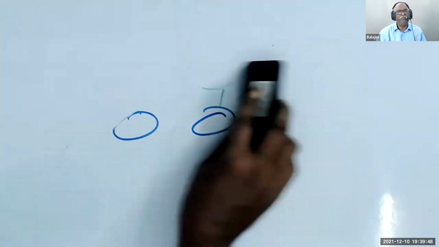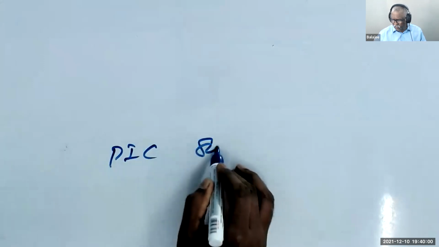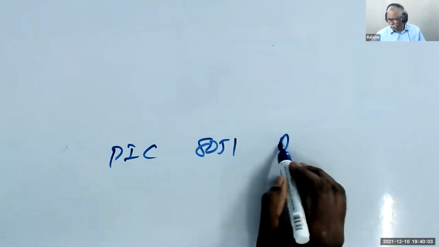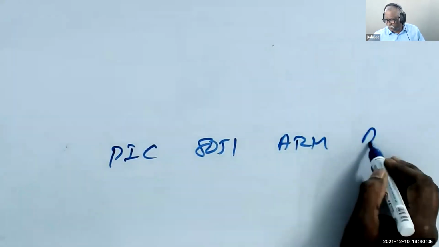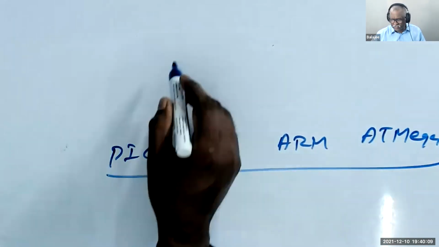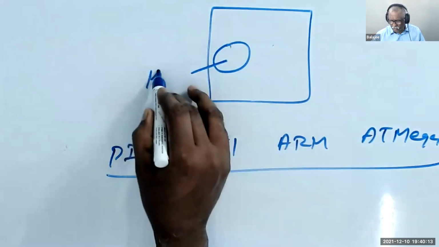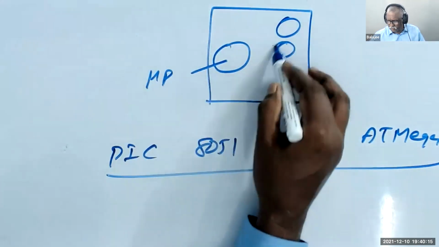The second most important thing is, it is not about PIC. This is another confusion people have. PIC, 8051, ARM, Atmega: they have two things within the chip, a processor and controllers.